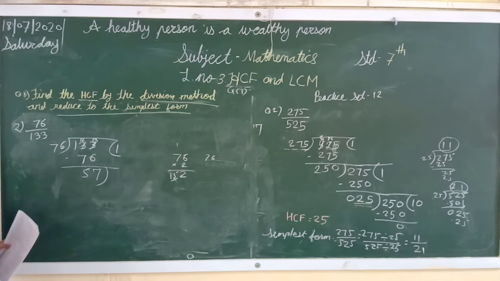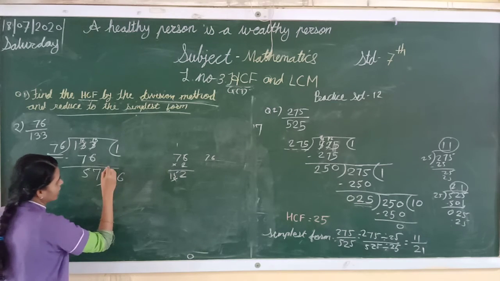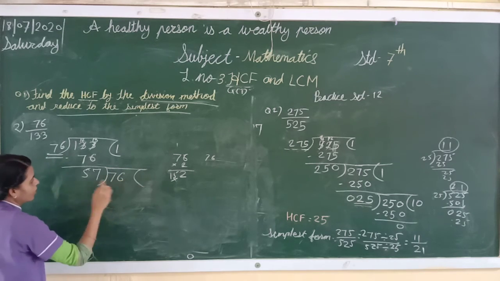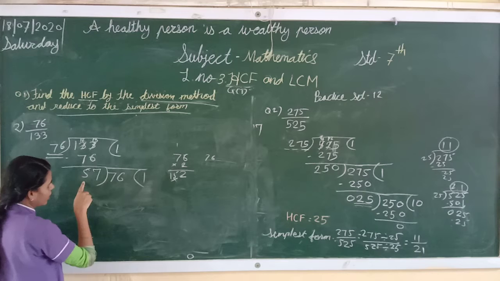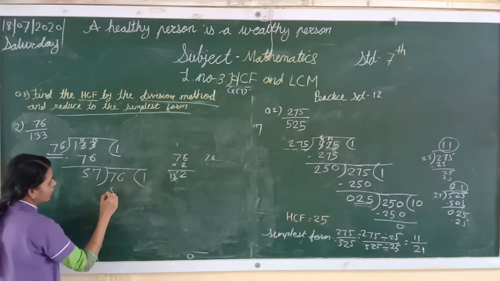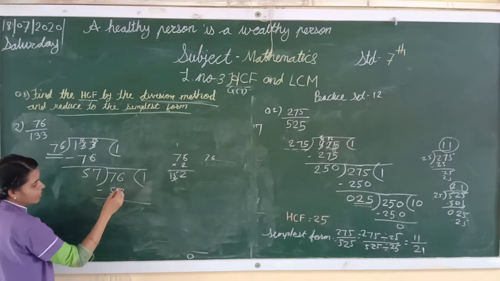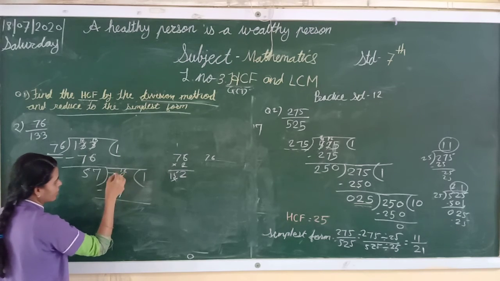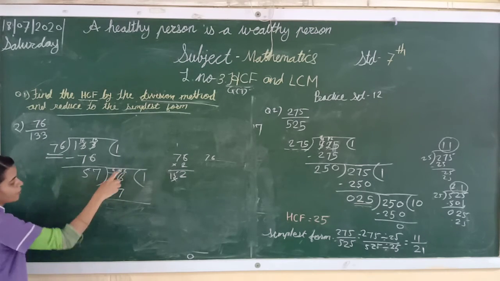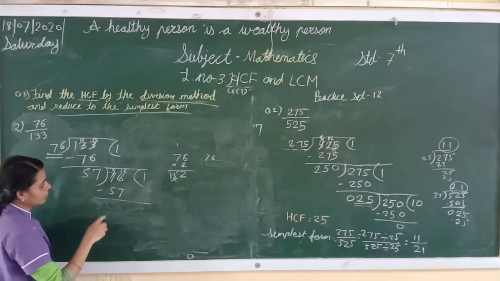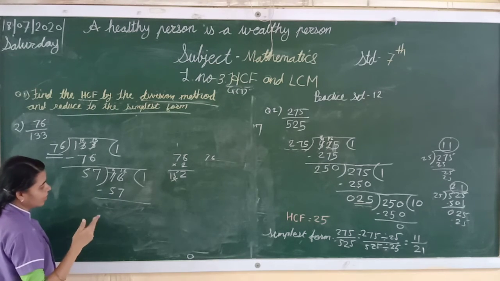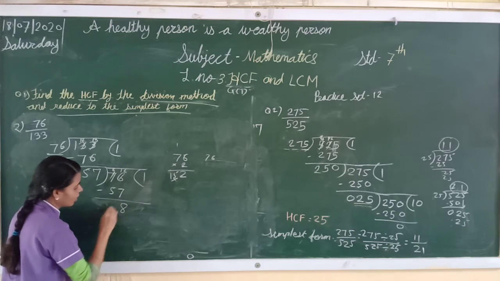Okay. So students, which is the previous divisor? Previous divisor 76. Here we will take 76. Okay. Now 57 ones are 57. Minus 7, 6 minus 7, not possible, here 16 and here 6. 16 minus 7, 9.